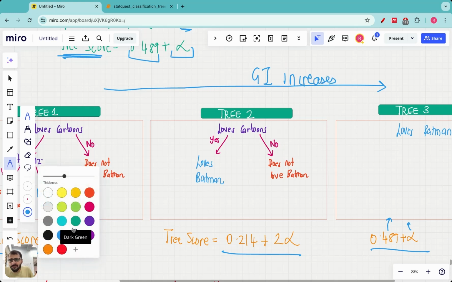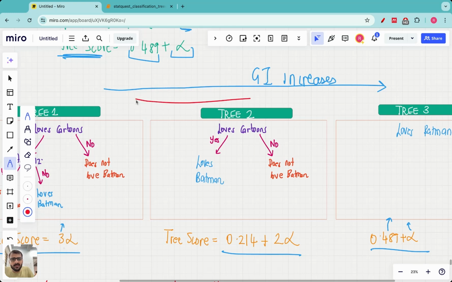But let me plot this with a different color. As we go from left to right, the number of leaves actually decreases. So these two effects are in opposite directions. Please note that.